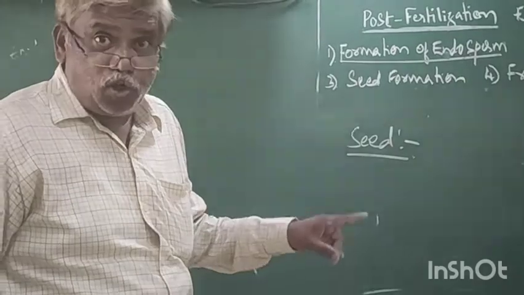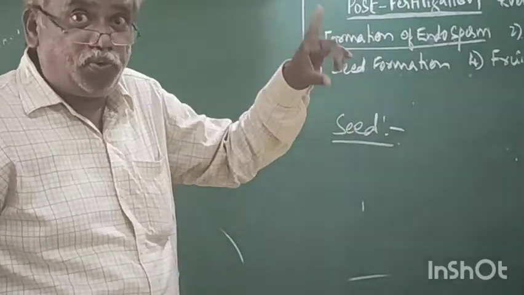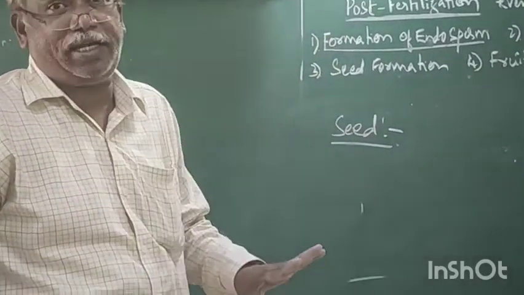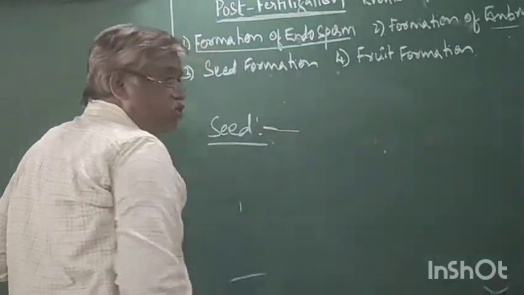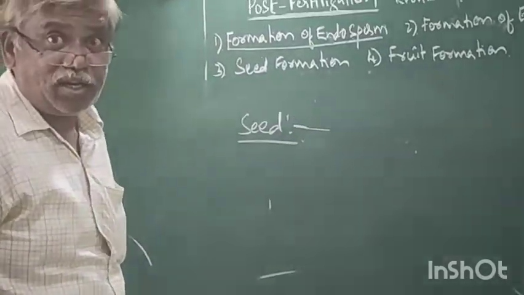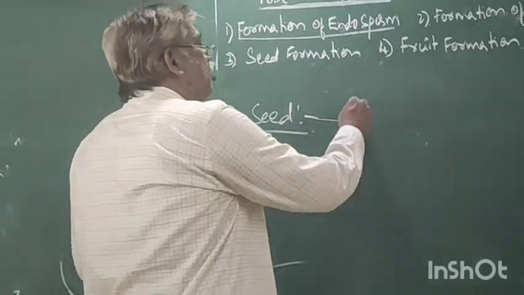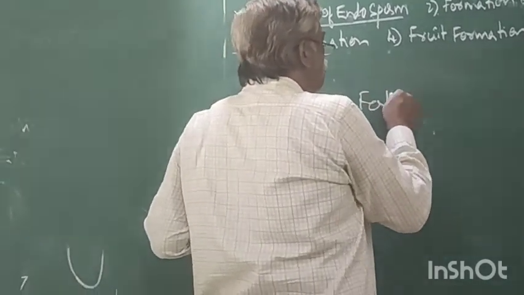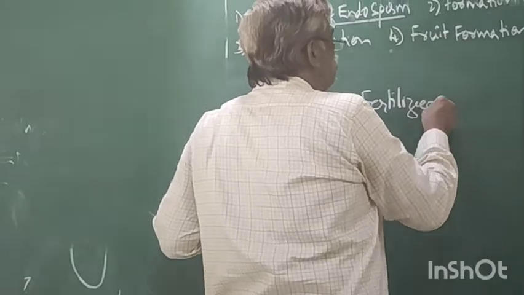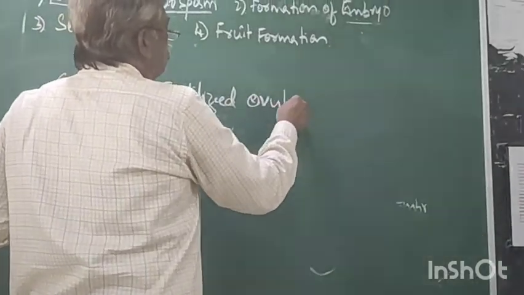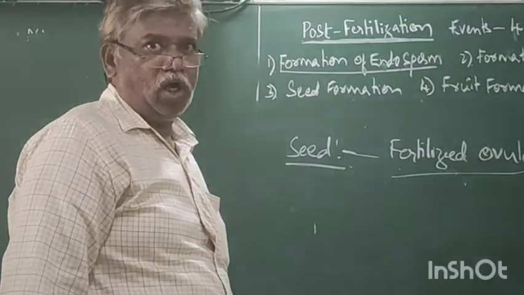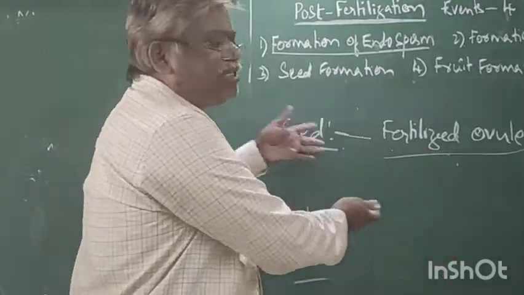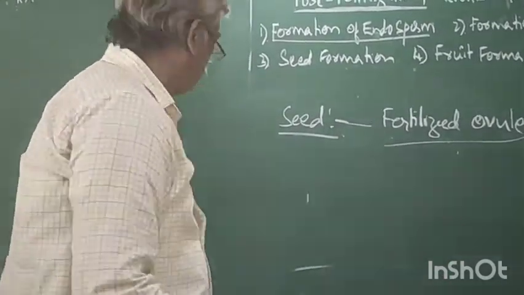But in angiosperms, the seed comes with fruit, whereas gymnosperms have only seed. We can use another definition to say seed is the fertilized ovum. After the fertilization, the ovum becomes seed.